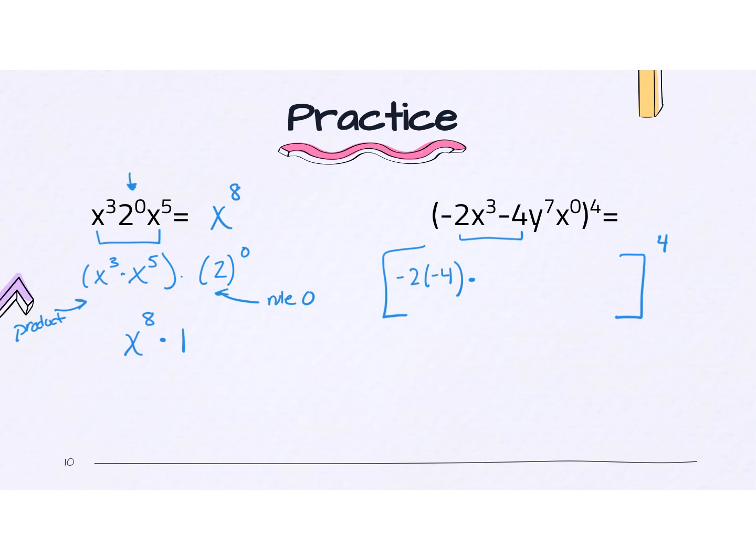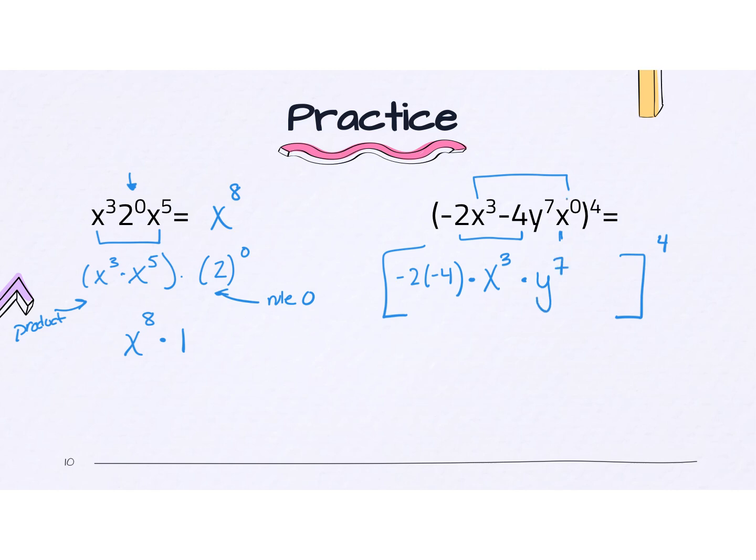And then I'm going to take my x's. Oh, but before I do that, what do I have here? I have x to the power of 0. That's 1, isn't it? So I really just have x to the power of 3, and that's 1. So I'm not going to include that in anything. And then I have y to the power of 7.